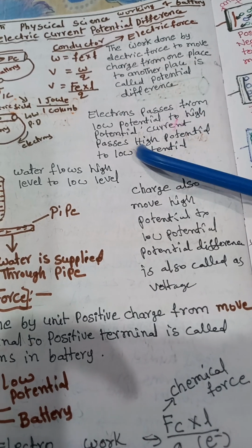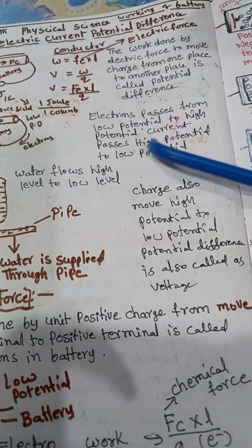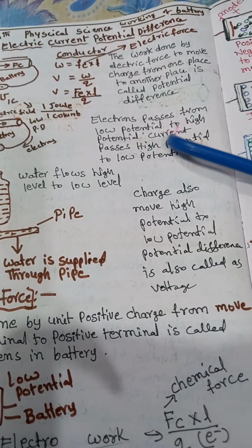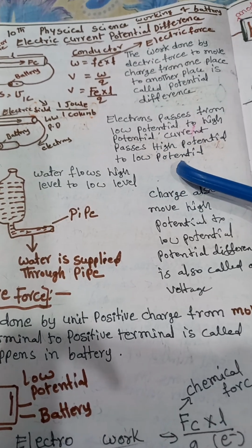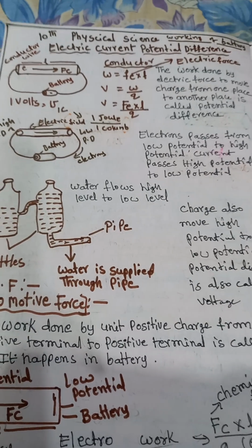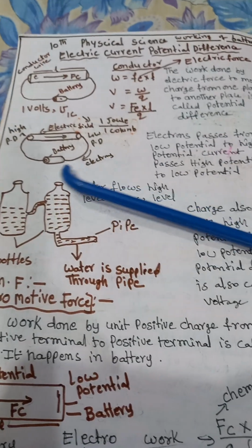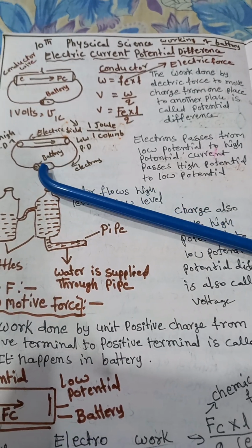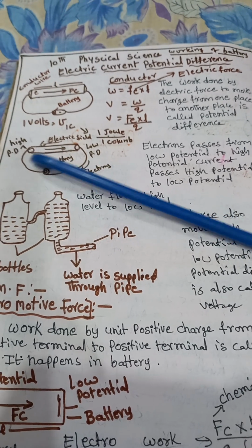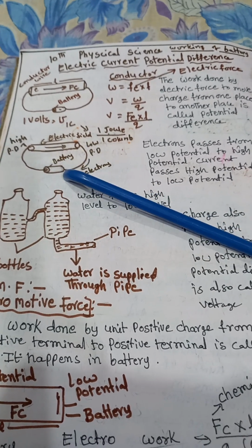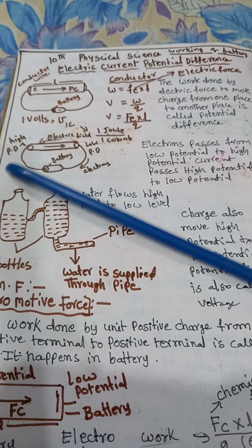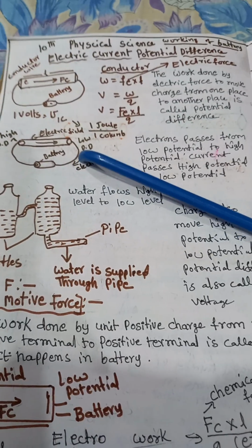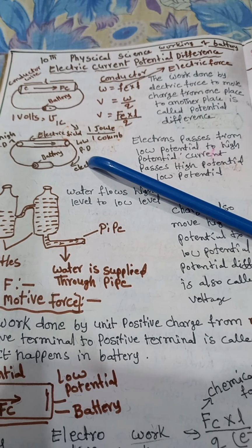Electrons pass from low potential to high potential, and current passes from high potential to low potential. So here two types of process can be seen. In this diagram, the conductor is connected to the battery, and at one end we can see the high potential difference and at another end the low potential difference.